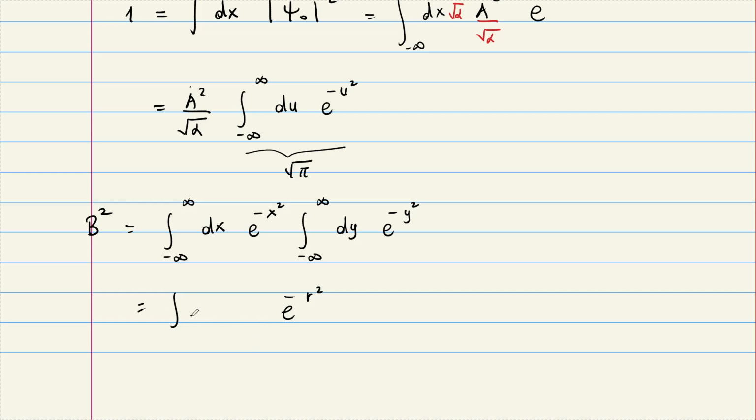And dx dy is r dr d theta, but d theta is symmetric. This is 2 pi. And this is 2 pi times the integral of r e to the minus r squared over 2, I think, right? And this is from 0 to infinity. And this one is going to give you pi, right? Then b squared is pi, then b is equal to root pi.